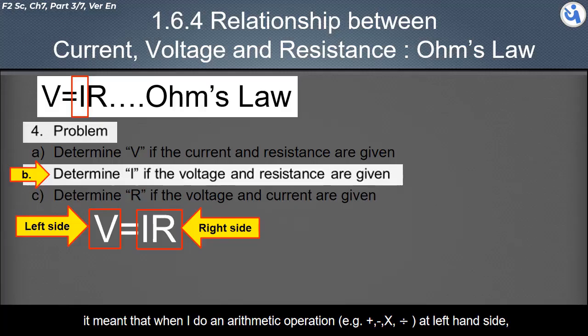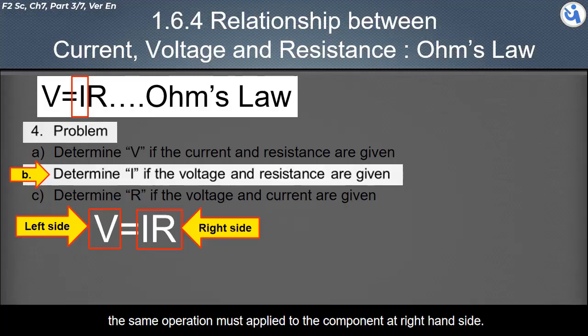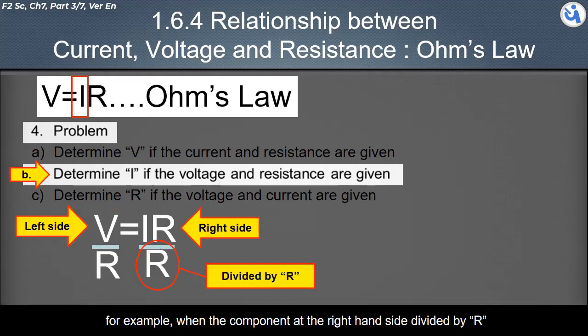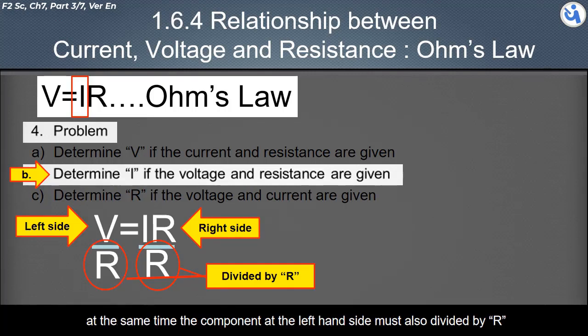It means that when I do an arithmetic operation, for example plus, minus, multiplication, or division, at the left-hand side, the same operation must apply to the component at the right-hand side. For example, when the component at the right-hand side is divided by R, at the same time, the component at the left-hand side must also be divided by R.